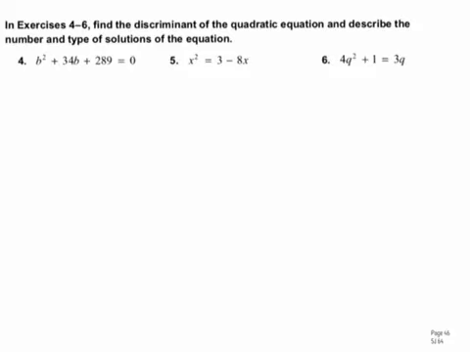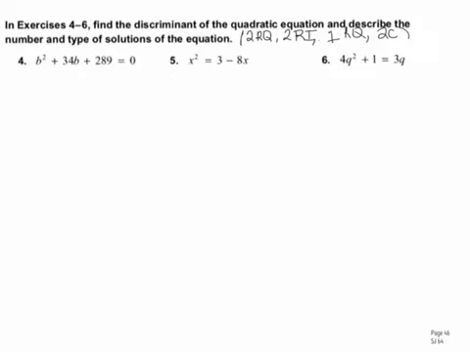The descriptions are going to be these kinds: you can have 2 real rational, 2 real irrational, 1 real rational, or 2 complex. Those are what we're going to use for the description.